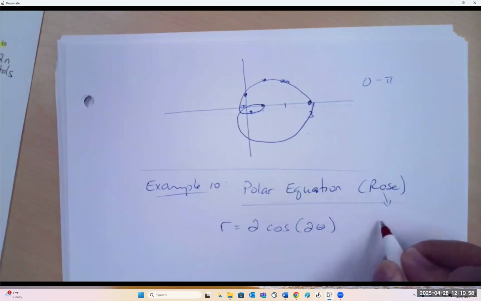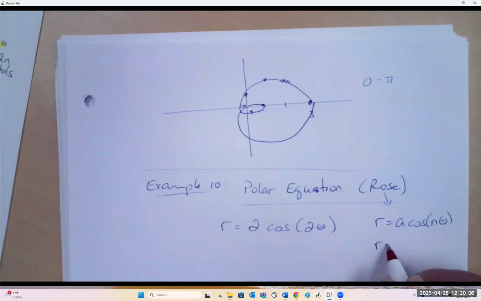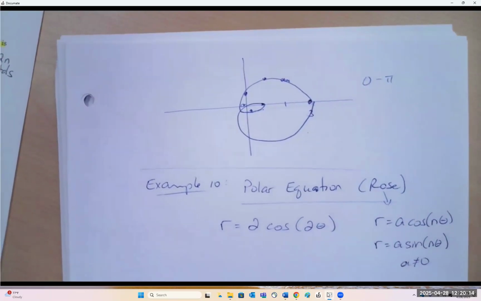A rose has this equation, A cosine n theta or A sine n theta, where A cannot equal 0 and n cannot equal 0.